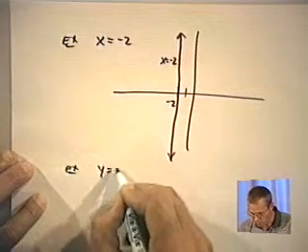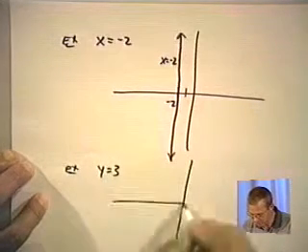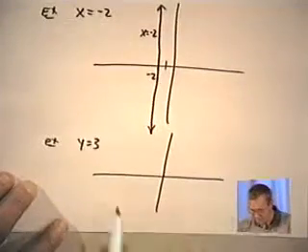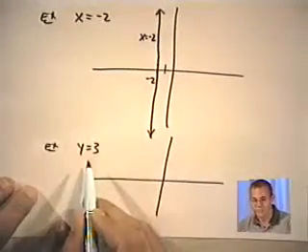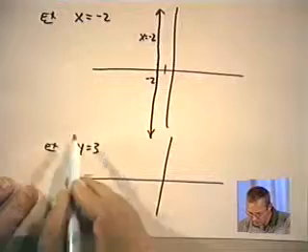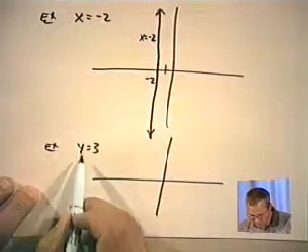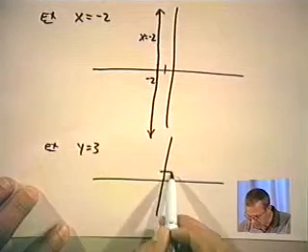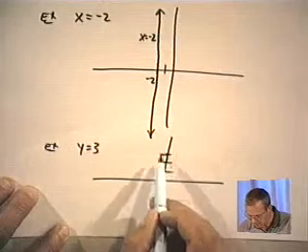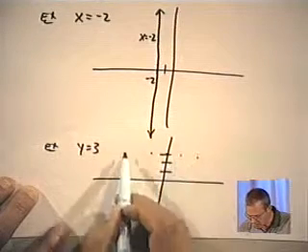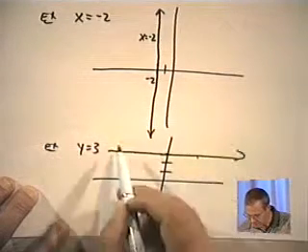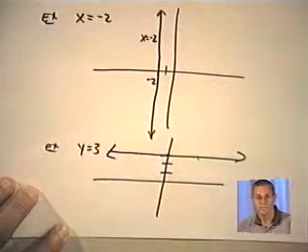How about y equals 3? Well, is this a vertical or a horizontal? Well, we might want to think about it again, but I know that the y coordinate must always be 3. The x coordinates don't matter, which gives me a horizontal line.